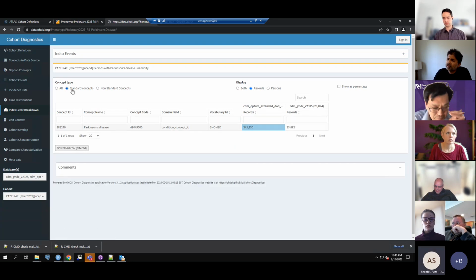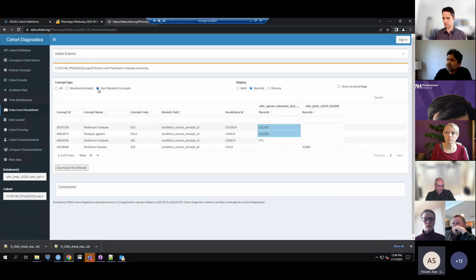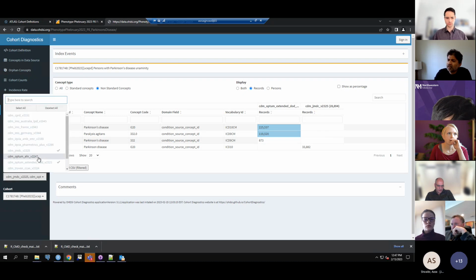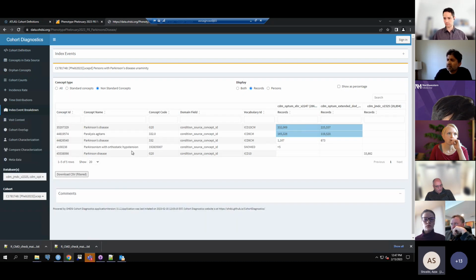Without too much clinical background, what I'm observing from the data is that JMDC itself is loaded on one single code in the ICD-10 world, which is Parkinson disease, correct? It's the same for all data sources.